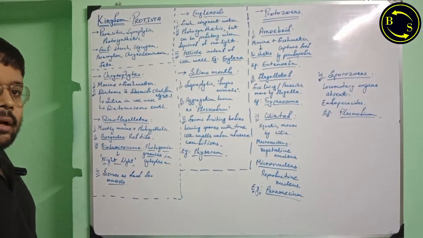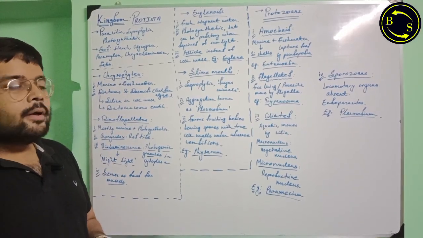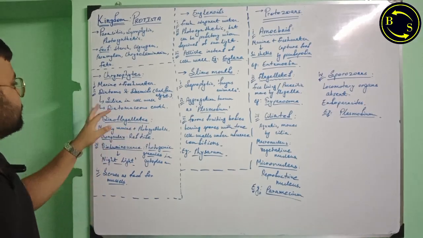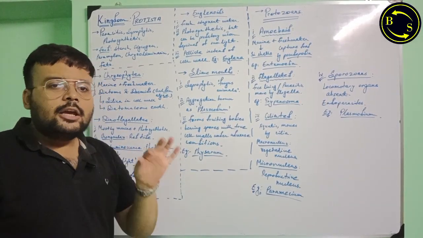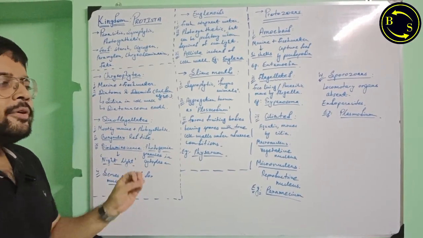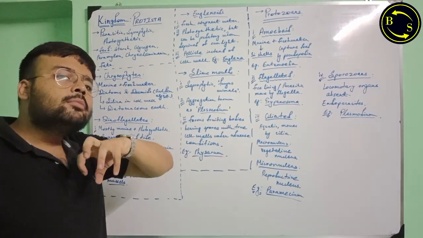And the diatoms. Now, diatoms are found in the ocean beds where they form aggregations. Diatoms have a shell, right? They have a shell. Shell means their cell wall is infused with silicon. So this silica infused cell wall is called the diatom shell.